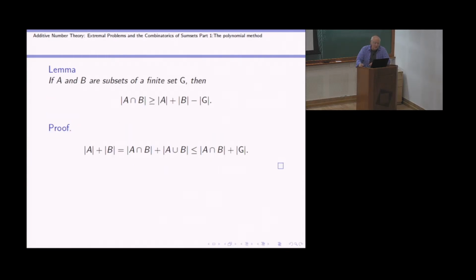Okay, and again, some simple counting lemmas. If you take any finite set G, take two subsets A and B, the size of A intersect B is at least the size of A plus the size of B minus the size of the whole set, and that just comes from this basic Boolean inequality.